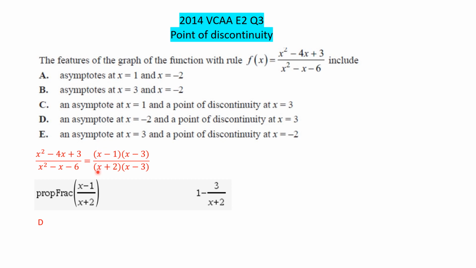So the powers here are equal, so you want to split it up again into these two terms here. So that's the reason why you got an asymptote at x equal to negative 2 and the point of discontinuity when x equals 3. Note that the question did not mention the non-vertical asymptote, but it does exist here.